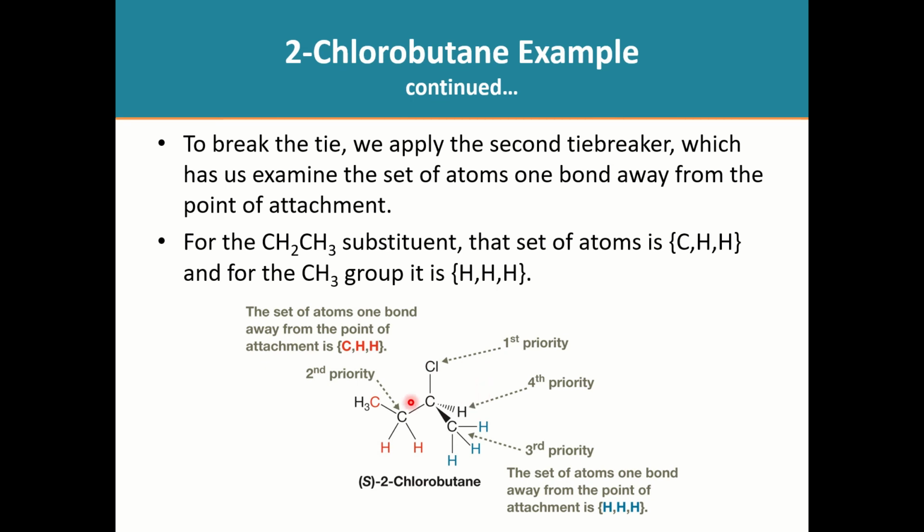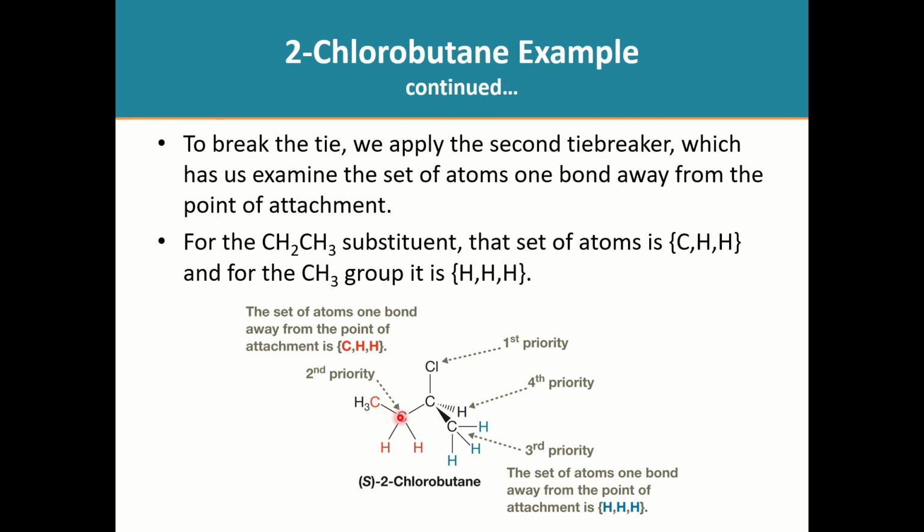So what you do is you can see that right here's a carbon and right there's a carbon. It's the same priority. So what you have to do is you have to expand. You have to then look and see what is directly attached to this carbon. Okay? And we can see those atoms in red. It's the 2 hydrogens and this carbon.